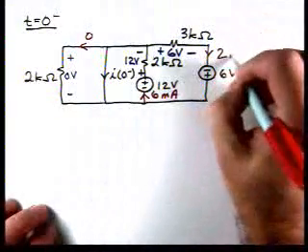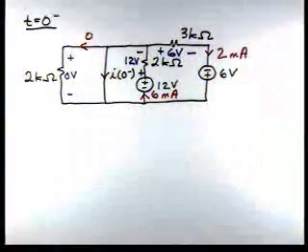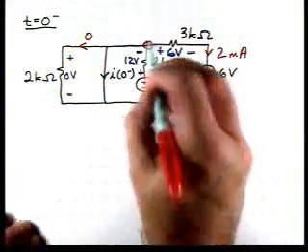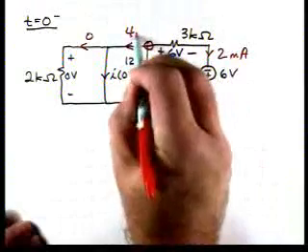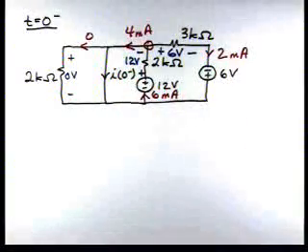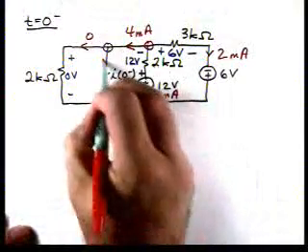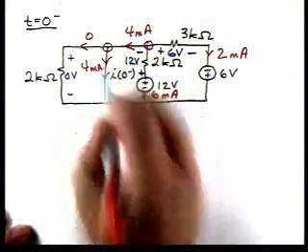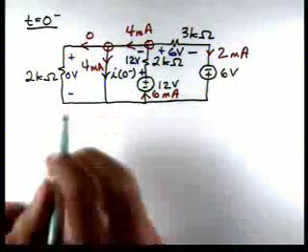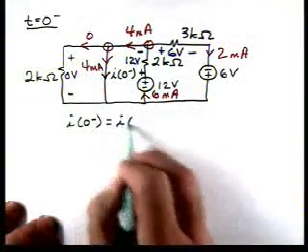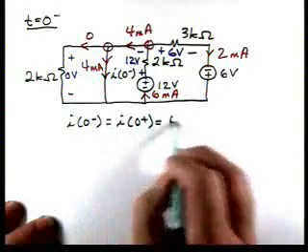There's 2 milliamps of current in that direction. So if I apply KCL, that says the current in that direction has to be 4. And if I apply KCL again, that says that this current is 4. So then i(0 minus) equals i(0 plus) equals 4 milliamps.